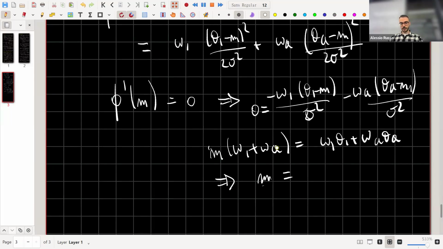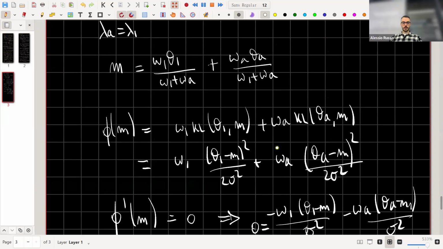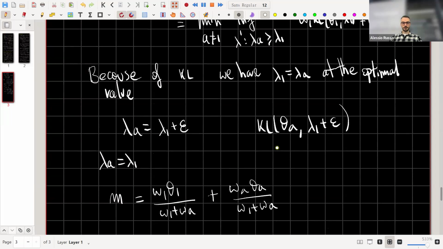So it's exactly equal to the expression I showed you before. Now, if you differentiate another time, you find that the second derivative is non-negative. So this is exactly the point that we want, since we are minimizing the problem.